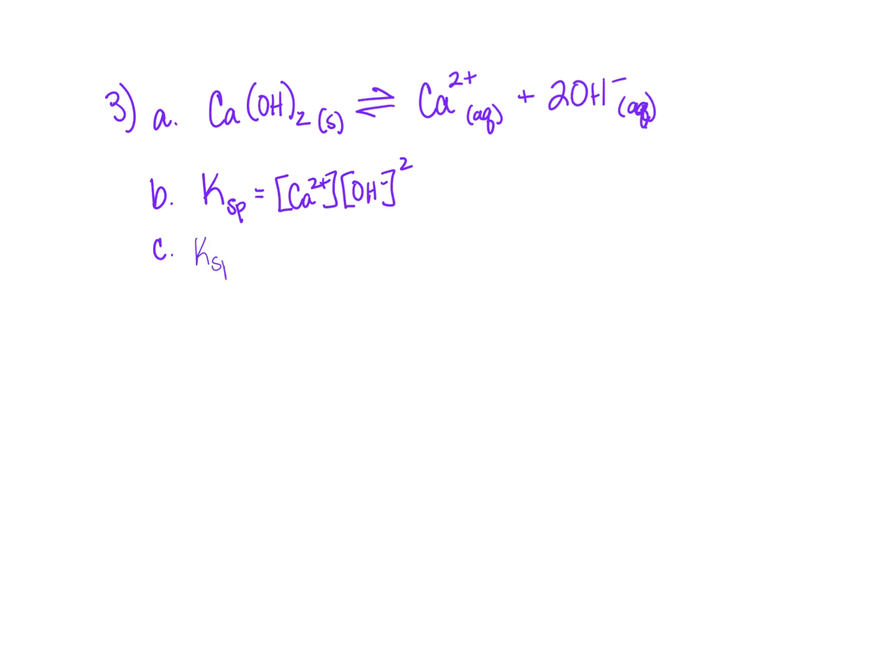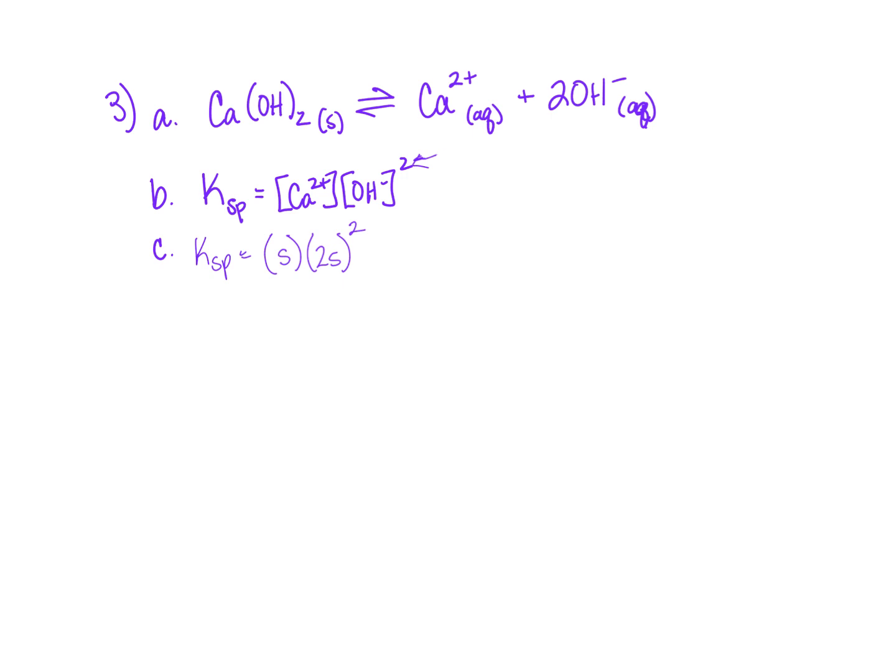So KSP is equal to, since I only have one of the Ca2+, we're going to call that S. And then I have 2 of the OH-, so we're going to call that 2S. And then because it is squared up here in our KSP expression, we're going to square it here as well.